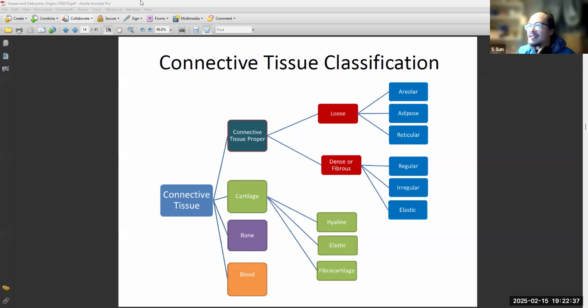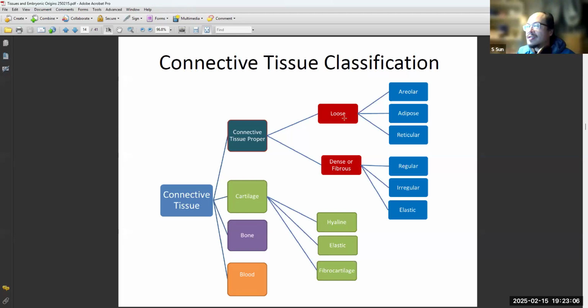So let's first look into the connective tissue proper. The connective tissue proper has two major types. One is called loose. Basically, in this tissue, the cells and the matrix are pretty light. It's not very condensed. And another one is called dense. Dense or fibrous is more condensed.